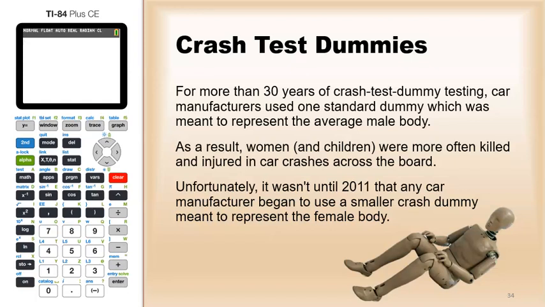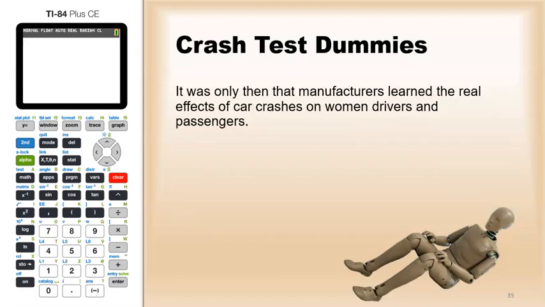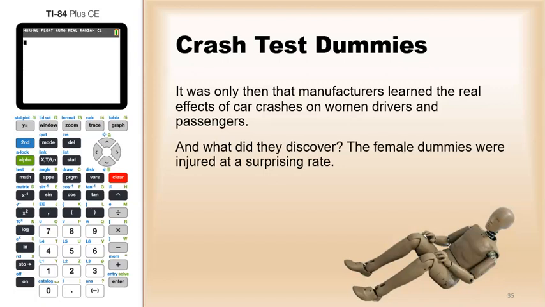Unfortunately, it wasn't until 2011 that any car manufacturer began to use a smaller crash dummy meant to represent the female body. It was only then the manufacturers learned the real effects of car crashes on women drivers and passengers. And what did they discover? The female dummies were injured at a surprising rate.